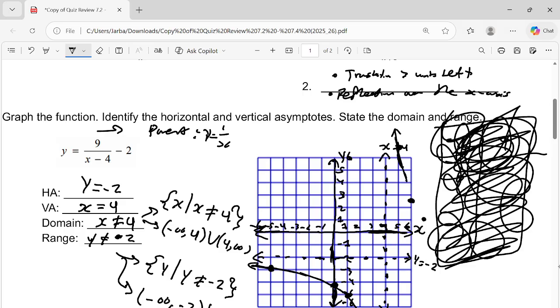Yeah, so it's best to try and get at least 6 points, 3 points on each side of the asymptote. That's not great. Something like that.